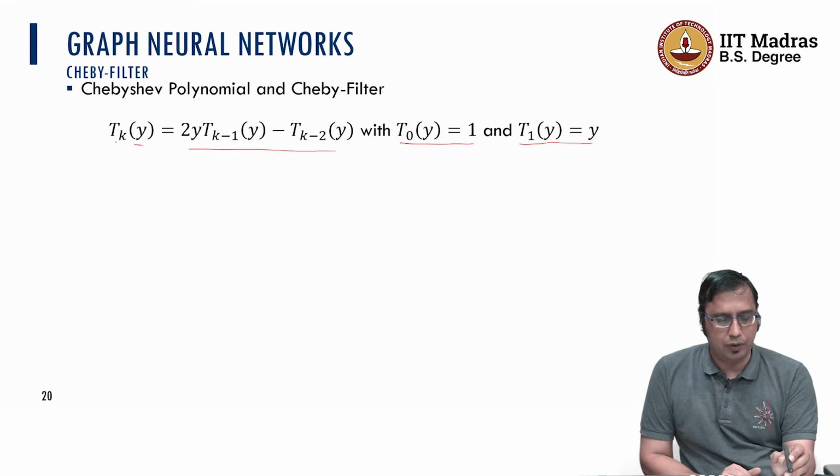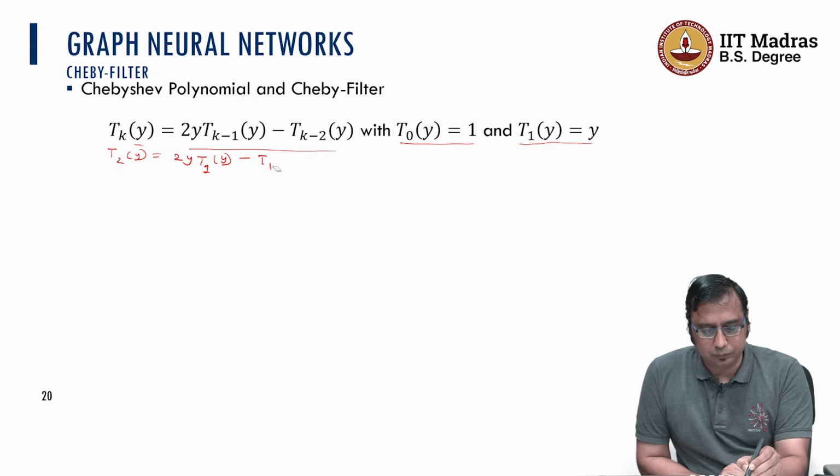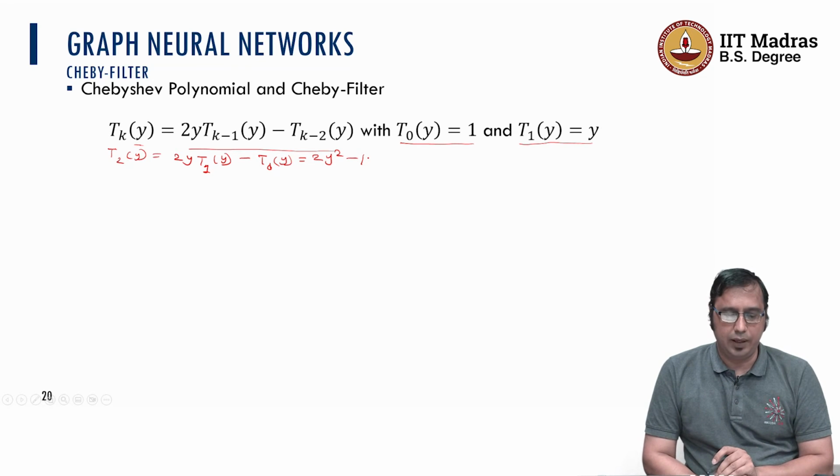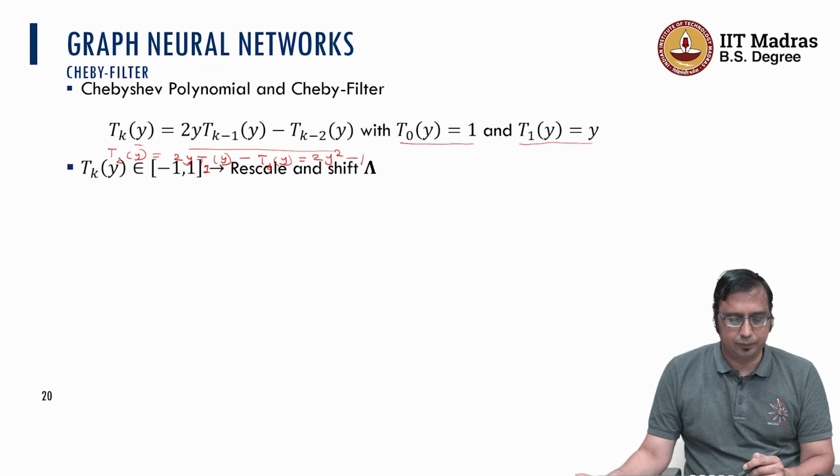So if I want to compute k equal to 2, T_2(y) is 2y T_1(y) minus T_0(y), which leads to 2y squared minus 1 as my polynomial of order 2, and hence I can derive 3, 4, 5 depending on the requirement.